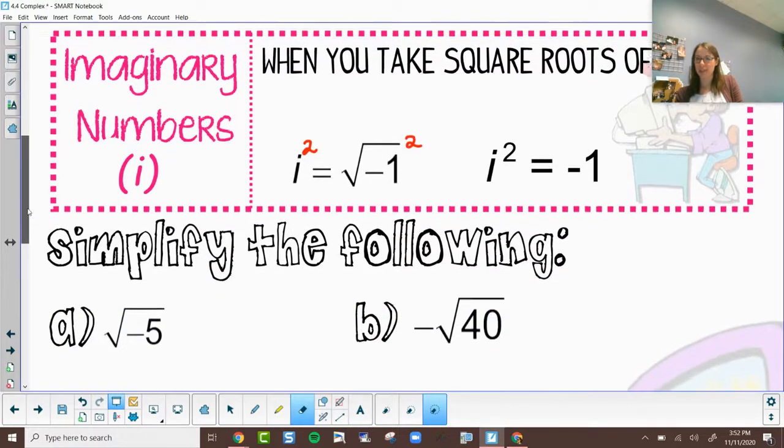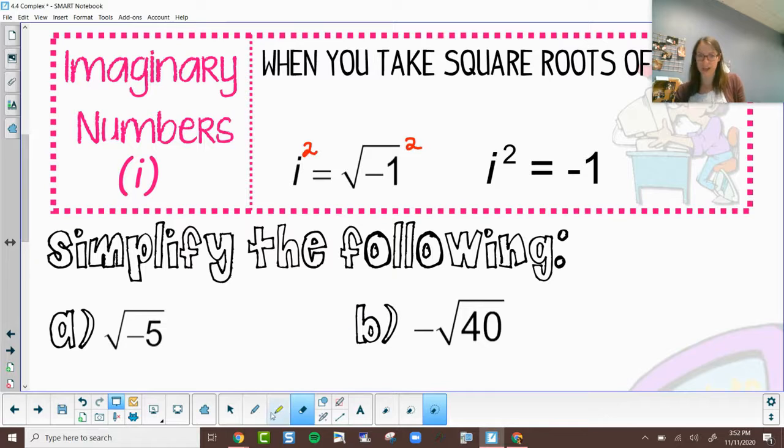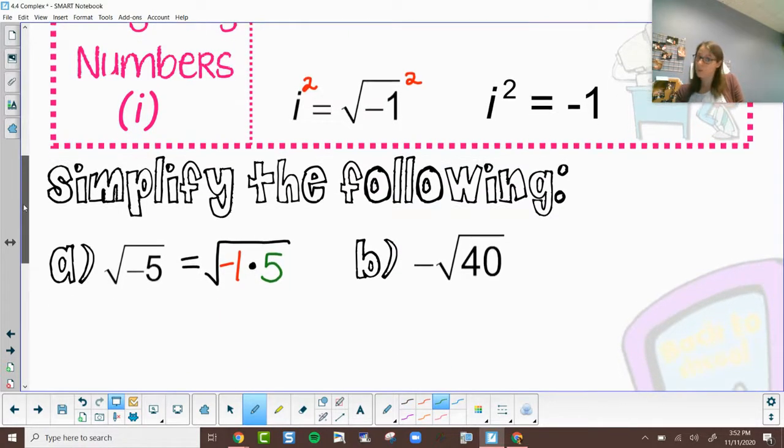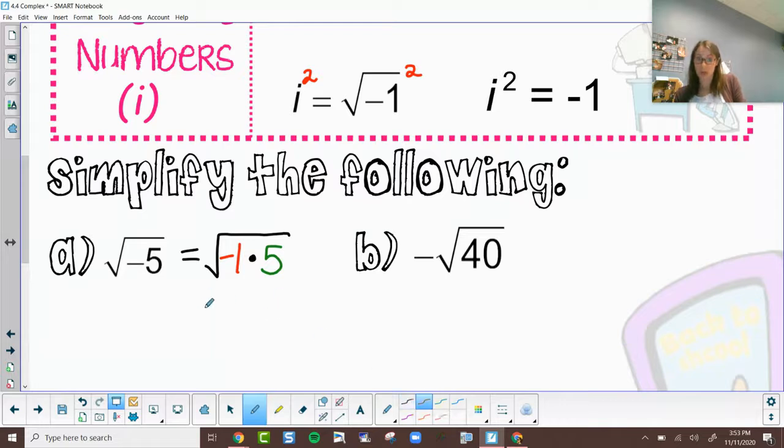So how is this actually going to work? Let's try simplifying before we begin to solve. On here, what I always like to do is I still leave this root and I break up the number. So -5 is the same thing as -1 times 5. Well, the square root of -1 is i, so I'm going to take that out. And then the square root of 5 is not pretty, so I'm going to leave it just as square root of 5.